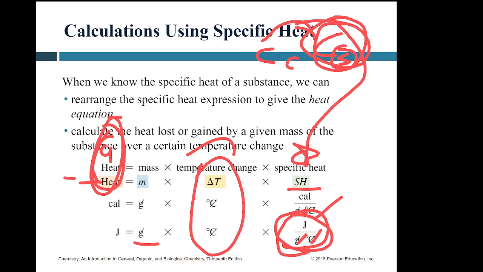So you could do Q equals M, change in temperature, C of S. That right there is the formula you're talking about. Q equals mass times change of temperature times the specific heat, or C of S. But you can also rearrange that the other way, which is the specific heat equation.